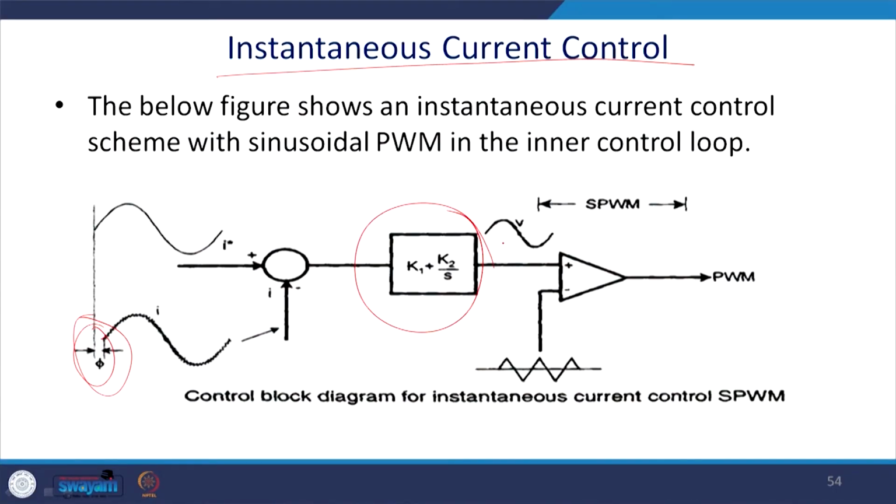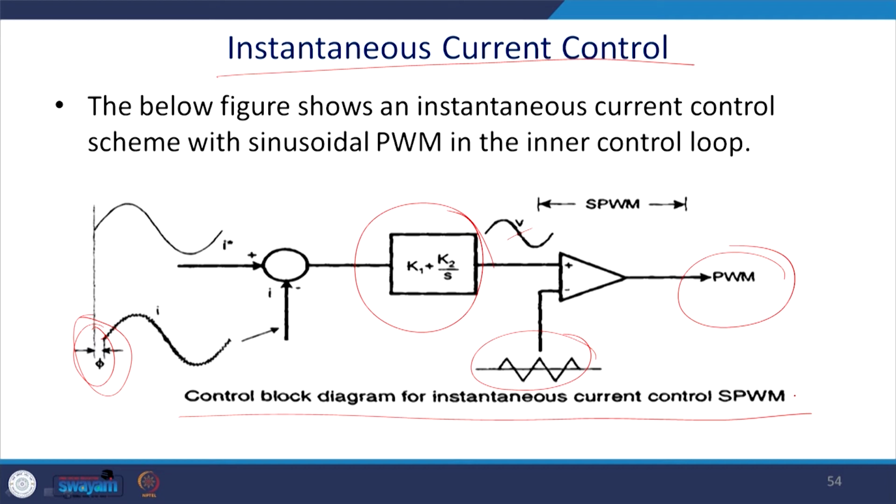This PI controller will give you this kind of reference, and ultimately you will put it to the simple op amp for its sine triangle comparison, and that will give you the pulses for the PWM. It can be bipolar or unipolar, which has been discussed earlier, and this is the control block diagram of the instantaneous sine triangle PWM with a closed loop control.